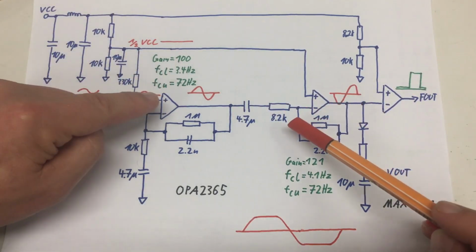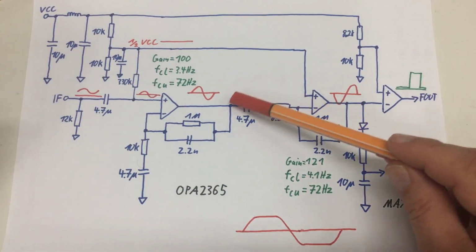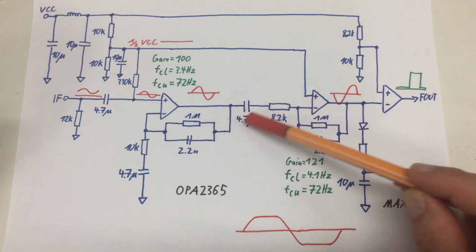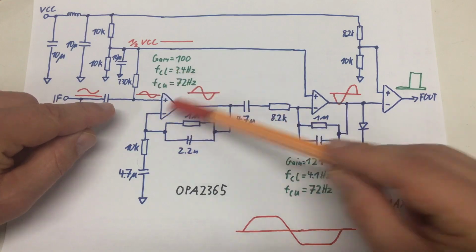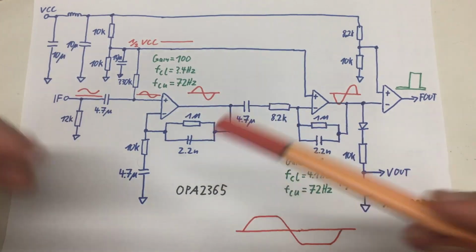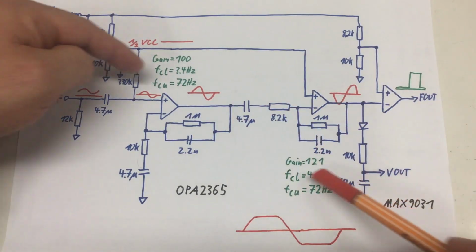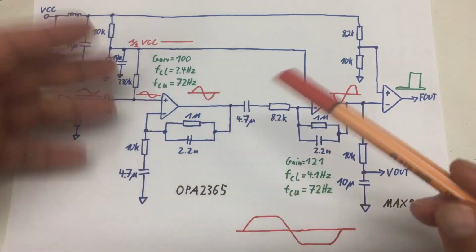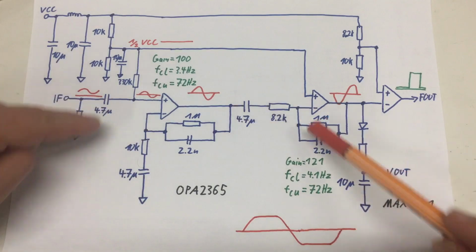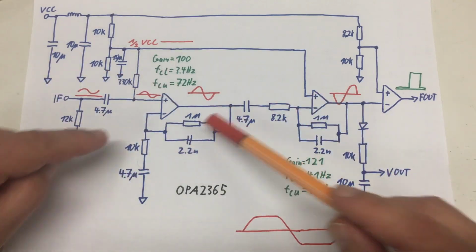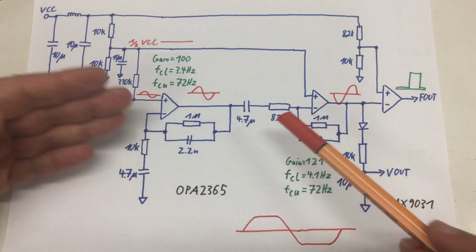However, I disagree. Because that capacitor here would take care of any DC component coming out of this op-amp. And my best guess is that that slight difference is simply an artifact from having to choose some existing values for all these resistors and capacitors.